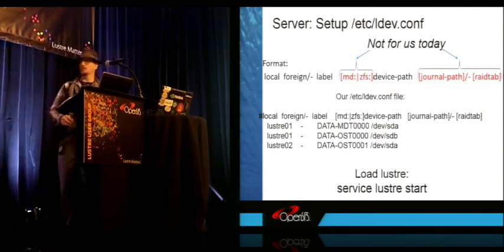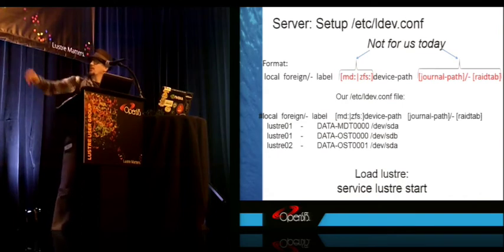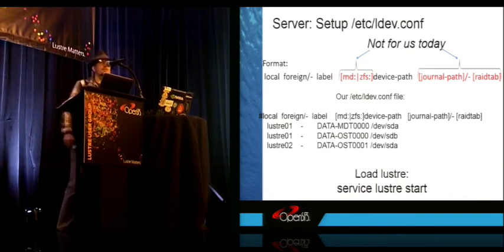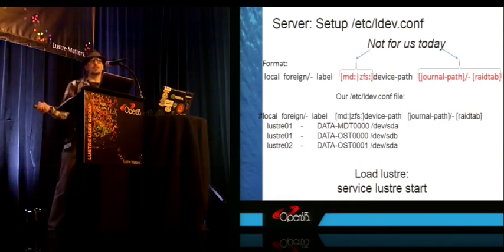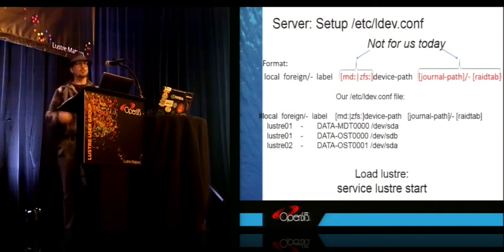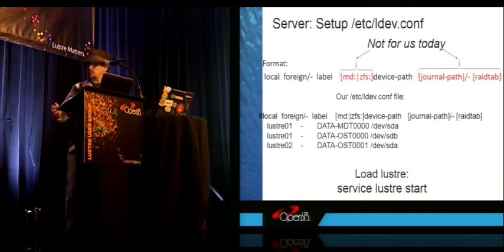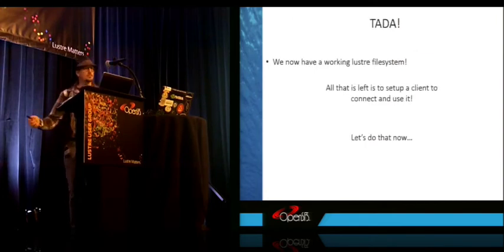Puppet can manage things like that for you. And then when the Lustre service starts, it looks through that and says, am I this particular machine? If I am, I need to mount these things. So now on reboots, your Lustre file systems come up really nice and easy. They can fail over automatically without any issues.